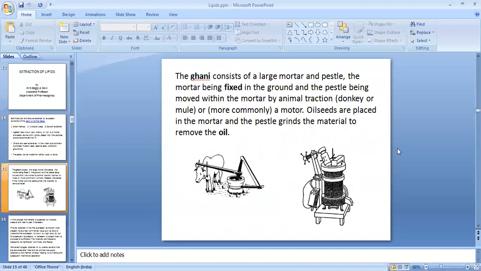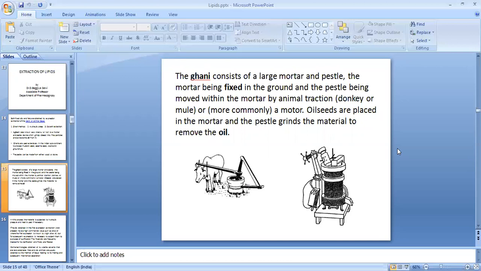And here in this Ghani, I had here kept the figure of a Ghani where the mortar is fixed on to the ground. It is a large vessel, and a pestle is there which can be made out of wood or stone, and this pestle is moved within the mortar by the animal traction.